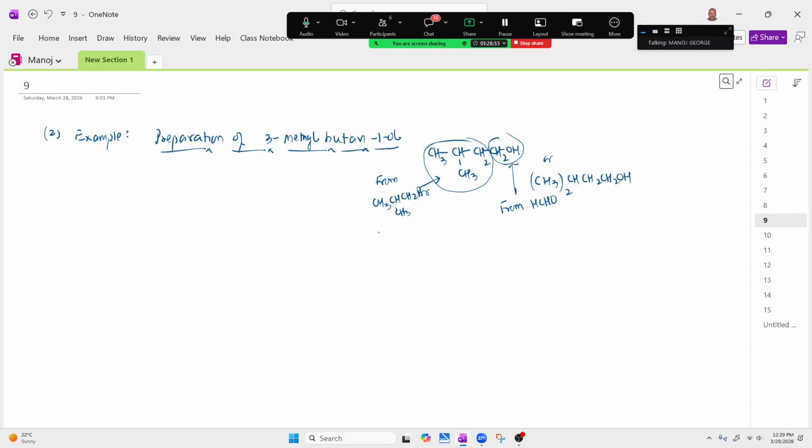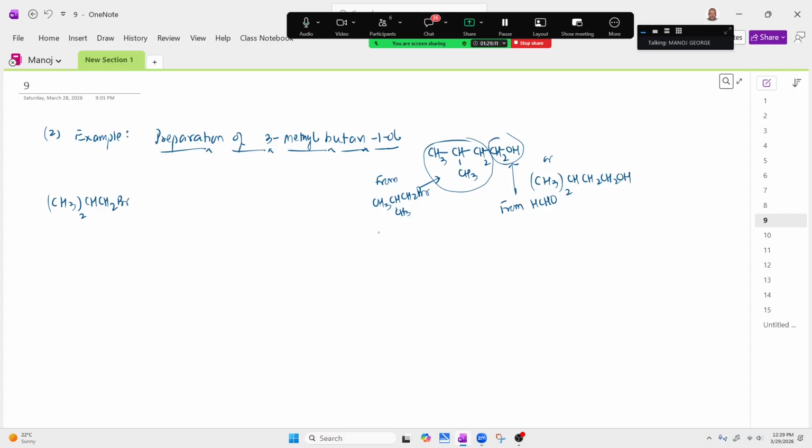I think everyone is comfortable now, right? I can even work in the short form. I don't have to open that up, so I can work with this format also. (CH3)2CH, then CH2, and then Br here.